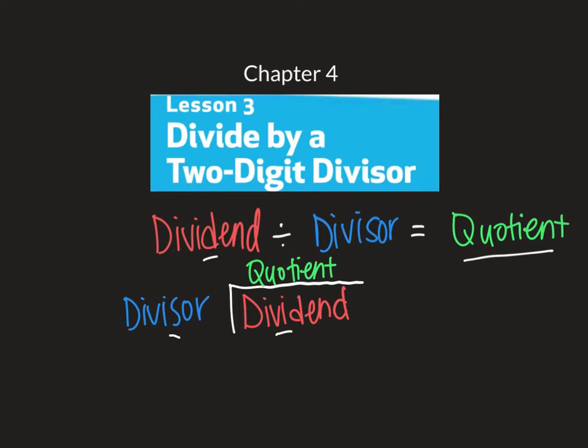Up here it was dividend, divisor. Here, if you were reading from left to right, you would say divisor and dividend. But when we're reading a division problem, we would first say the dividend divided by the divisor is the quotient, the number on top. The answer is a quotient. So let's get started.